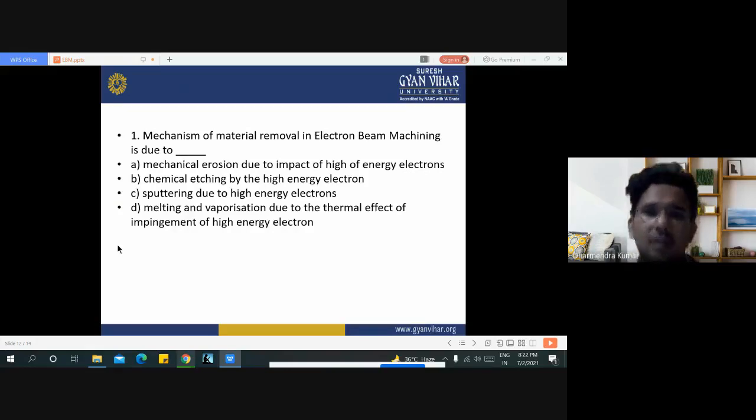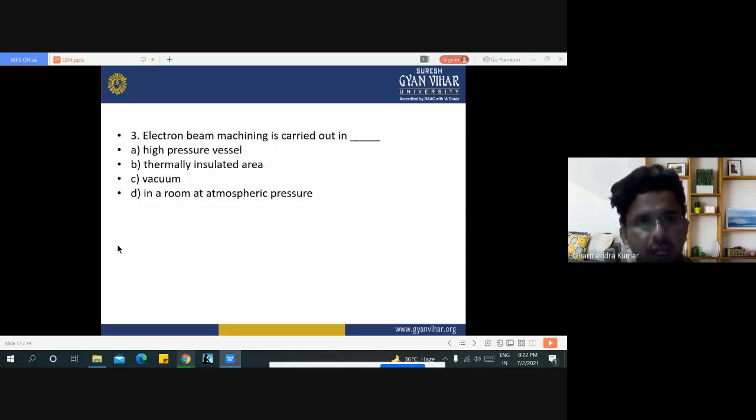Now the answer is melting and vaporization of the workpiece due to the thermal effect of impingement of high energy electrons. So our option is D.